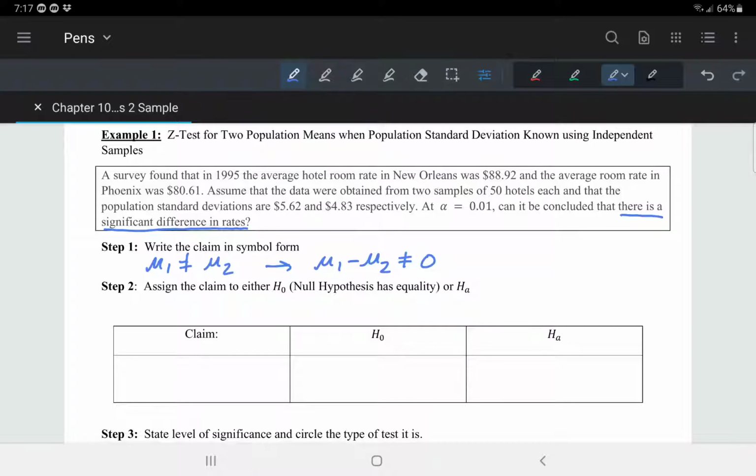Now, this claim does not contain equality. It specifically has the not equal to symbol. So the claim mu1 minus mu2 not equal to 0 will become the alternative hypothesis, because the null hypothesis must contain equality.